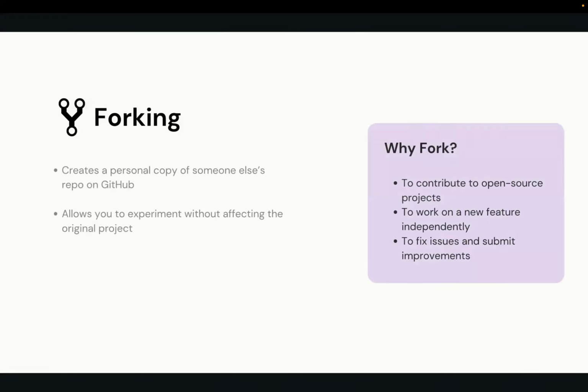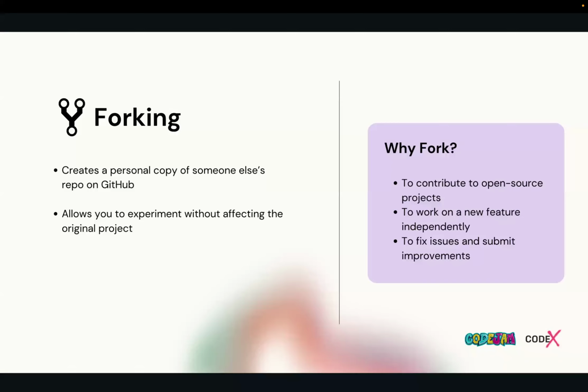Okay, let's move on. Just before this slide we discussed the life cycle. Then we have the topics that we saw in that diagram. First of all, we have forking.